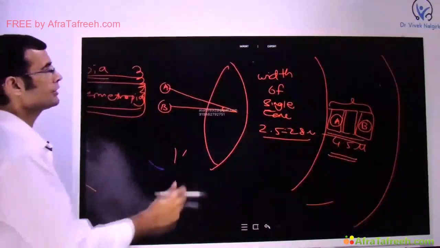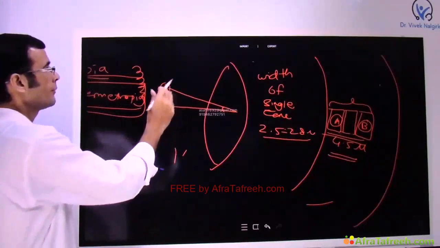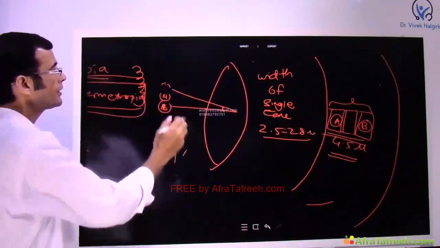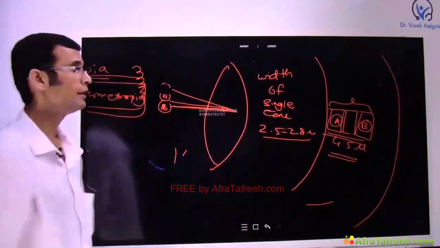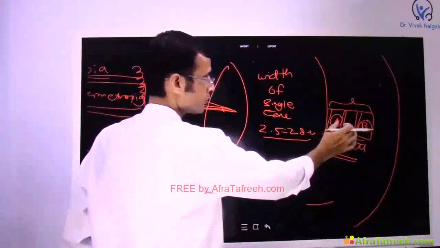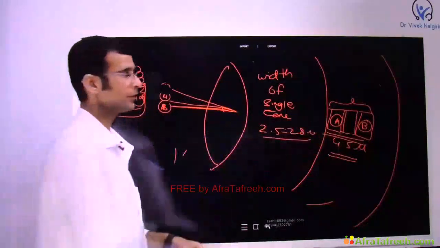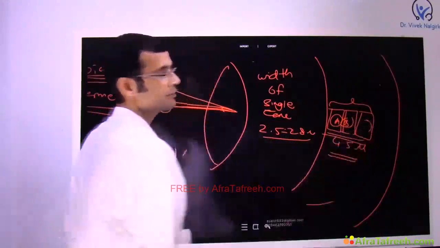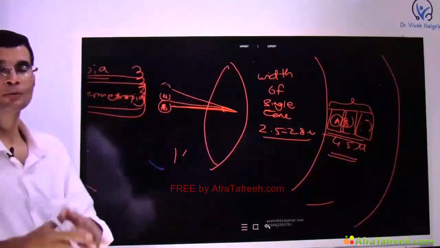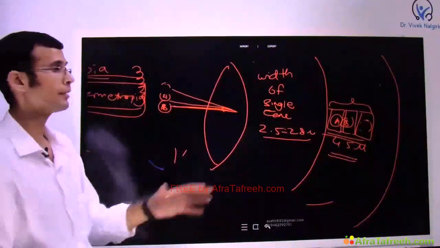Imagine that the two objects come closer than this, then their images will also come closer. If they subtend less than 1 minute angle, their images will fall on the adjacent photoreceptors, and then those images will get fused. We won't be able to see those 2 points separately.